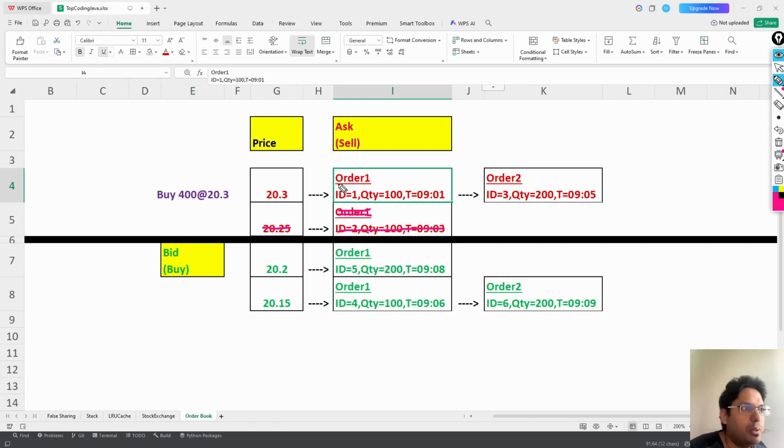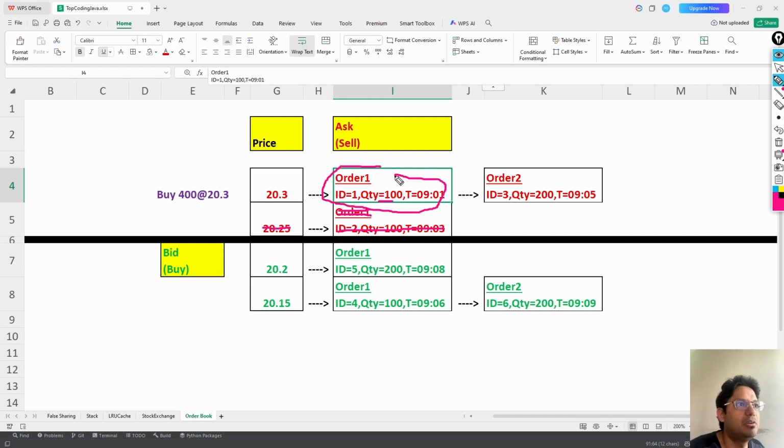Now we will have our first fill with this quantity 100 of sell and this 400 of buy. It means that the first fill generated for both buy and sell would be of 100 quantity. And after this, we will remove this order because it has already been exhausted. It has used all its 100 quantity for the fill. This is totally filled now.